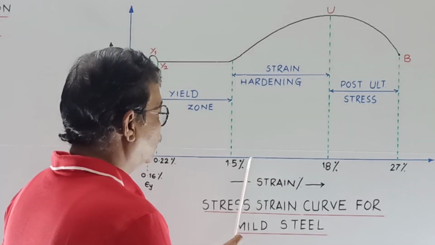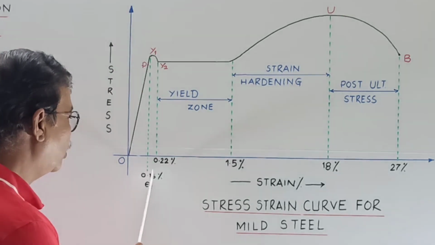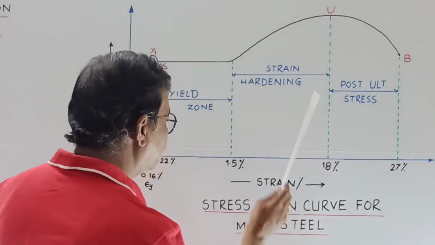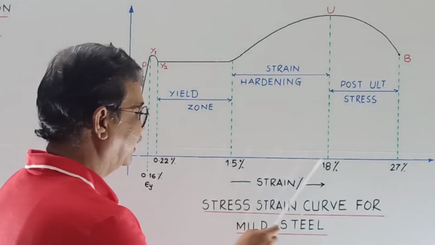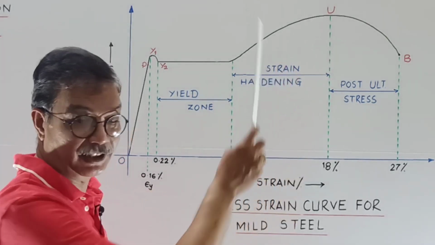So you can see that this is 0.16 and this is 18. So this is approximately 100 times epsilon y, it is ultimate stress.